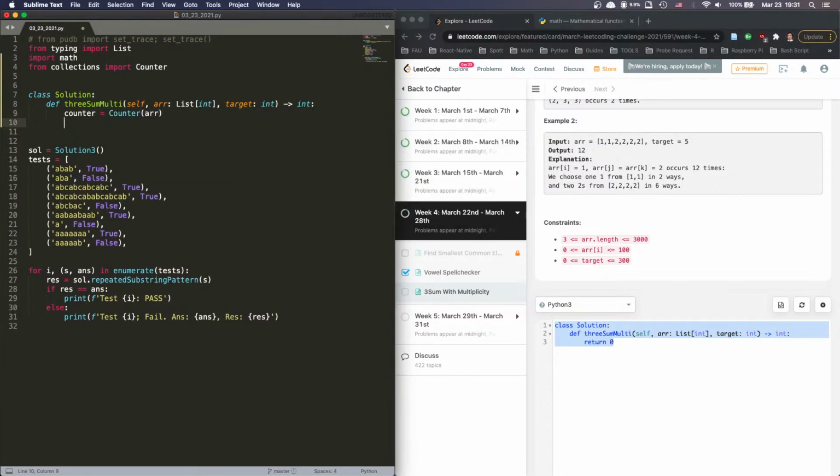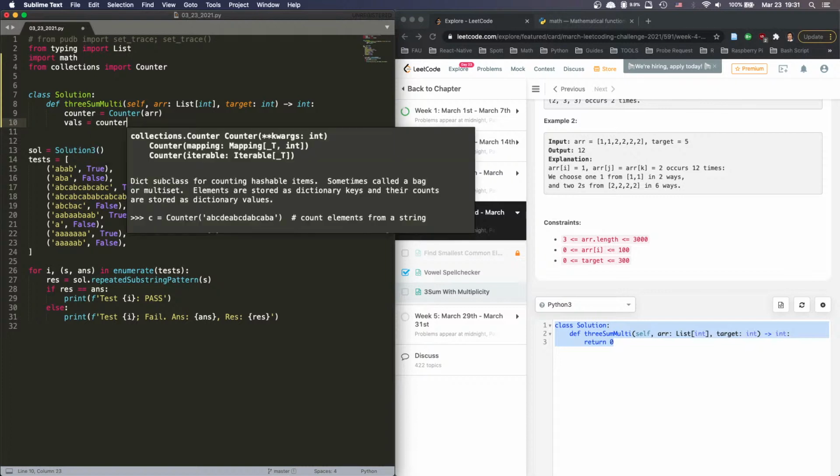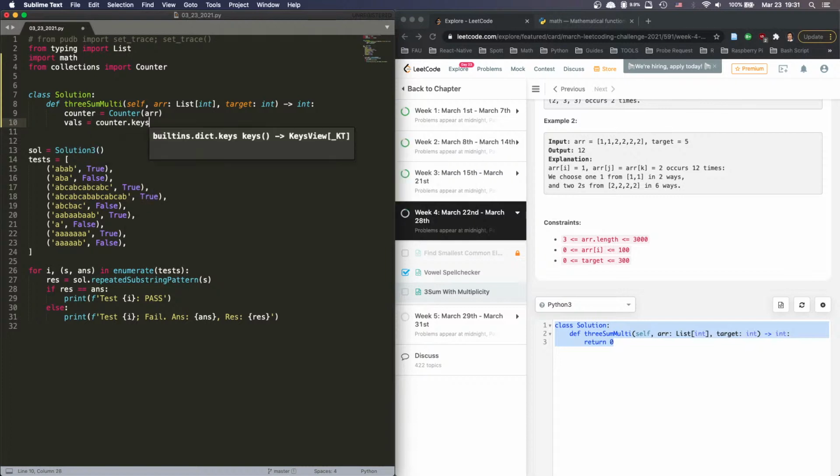All right, and then what shall we say? Vowels, all possible vowels, equals counter dot keys, and I want to sort it.